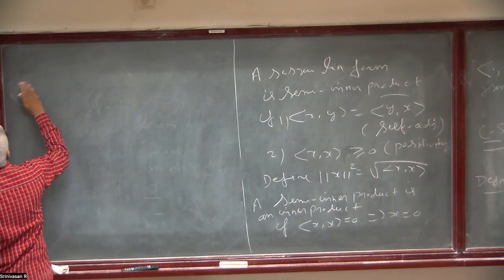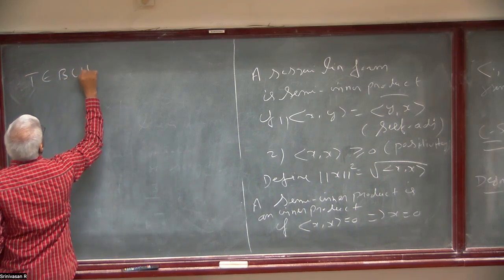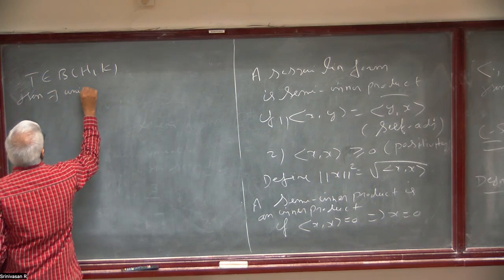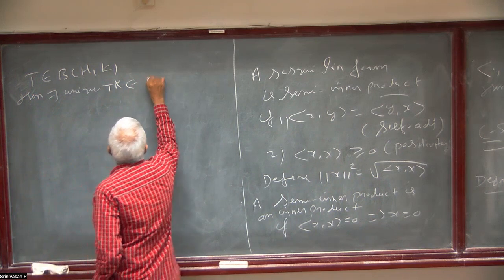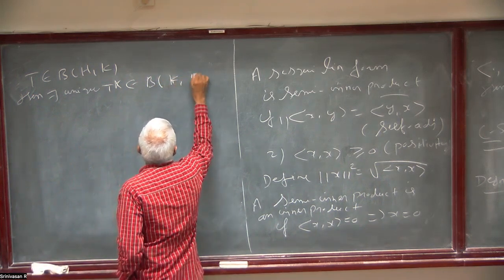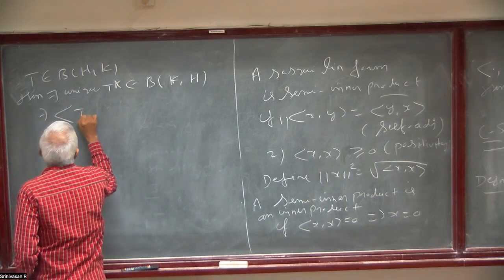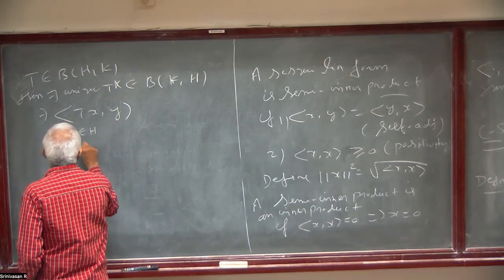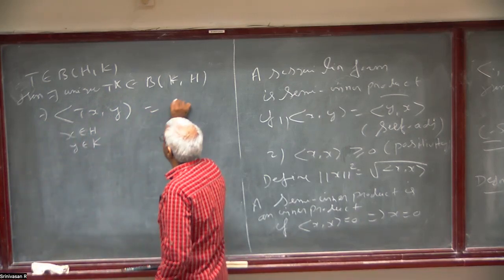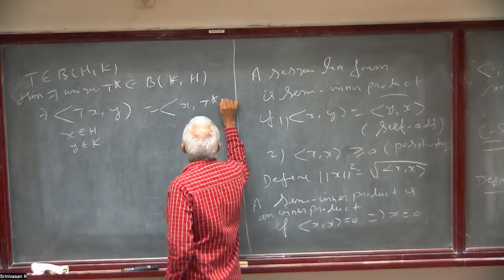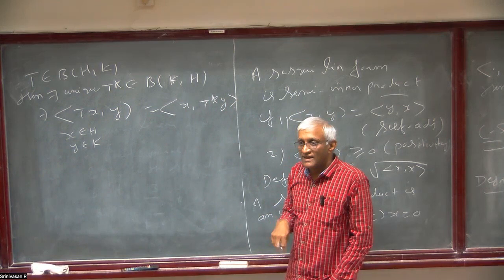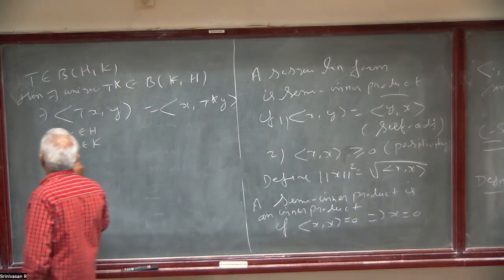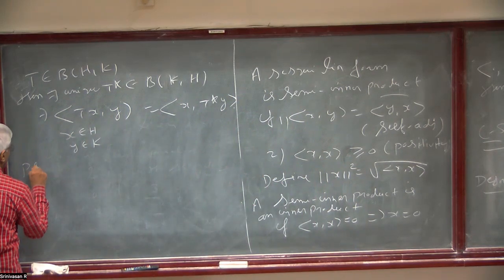If T is a bounded operator from H to K, then there exists a unique T star from B of K to B of H such that the inner product of Tx and y equals the inner product of x and T star y, with x in H and y in K. How do we do this? With just a sketch.